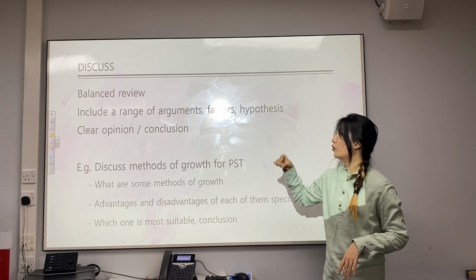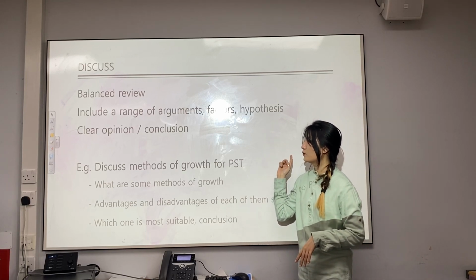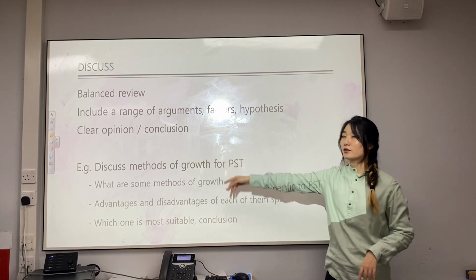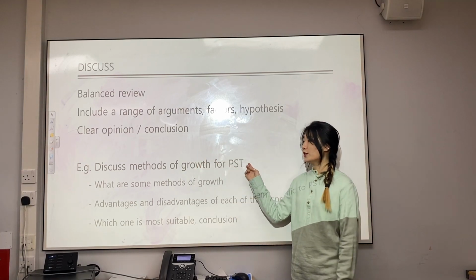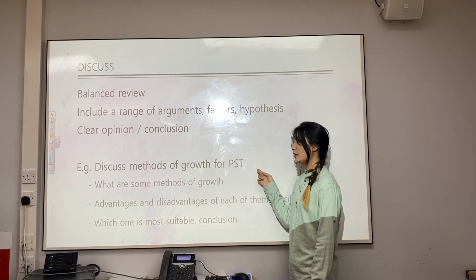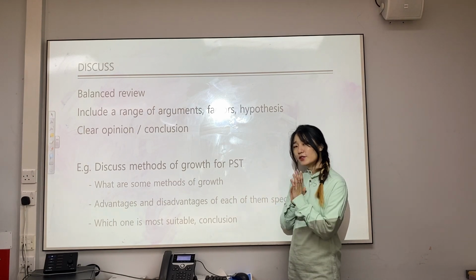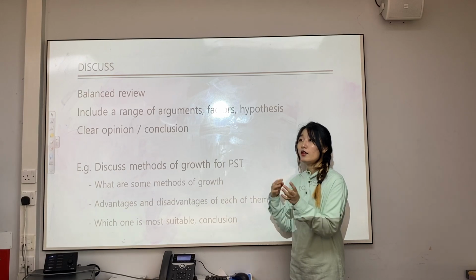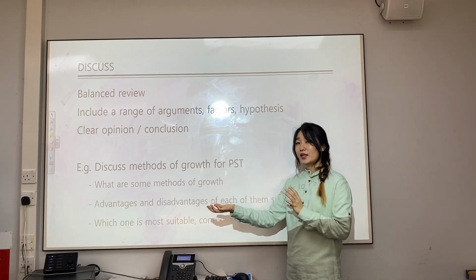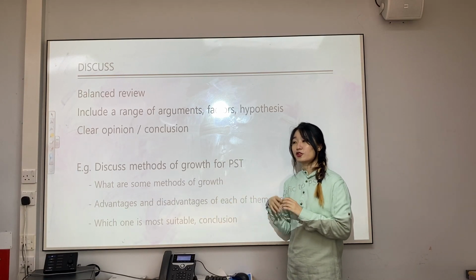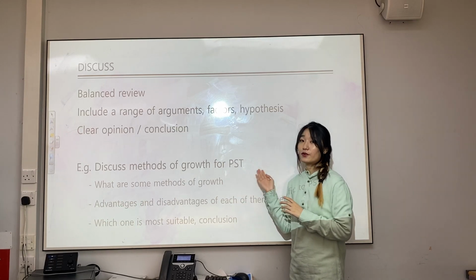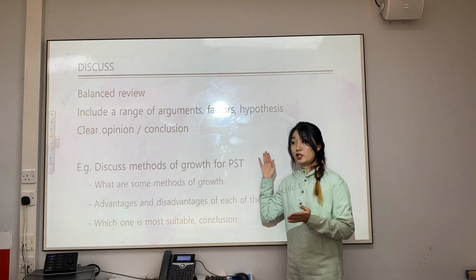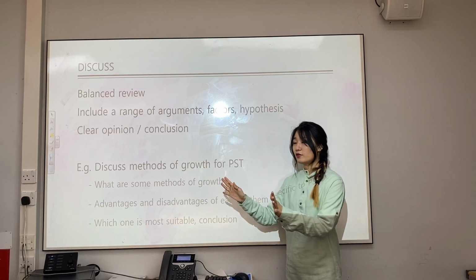Include a range of arguments, factors, and hypotheses with clear opinion and conclusion. So it's a similar question to what we had before, discuss methods of growth. If it asked you for the importance of diversification, you're going to argue that it's important to what extent. Or if it's a justify diversification as a growth method, you're going to choose a stance and be like, it's important because, and just give the important reasons.